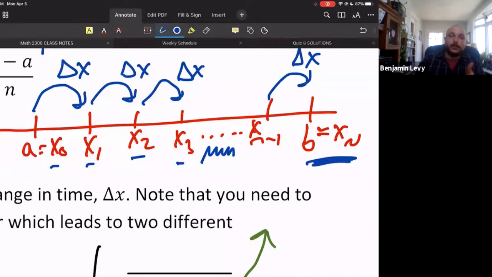What you write to represent the one before the last one is x sub n minus 1. So that's what that says. It says the x value one before the last one is n minus 1. Sorry, I know it got a little confusing, there's a dot underneath it.